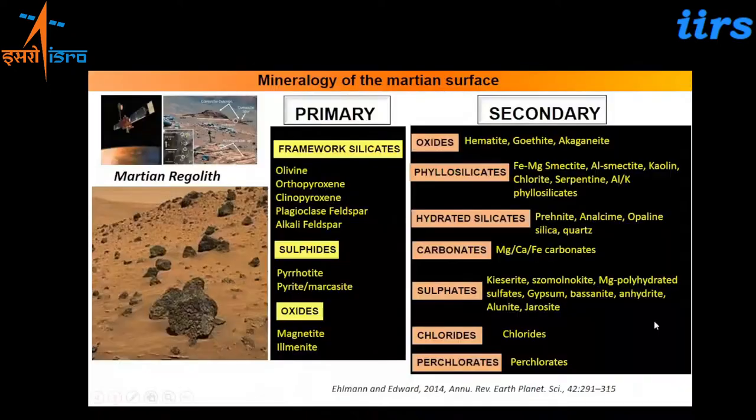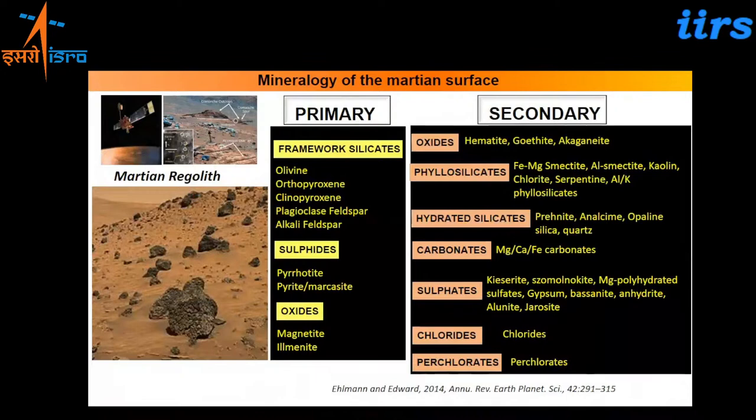Now, coming to Martian mineralogy, much of the Martian surface is covered again by unconsolidated soils derived from a variety of impacts. And because of the presence of an atmosphere on Mars, there are various other processes going on, such as aeolian and other sedimentary processes.